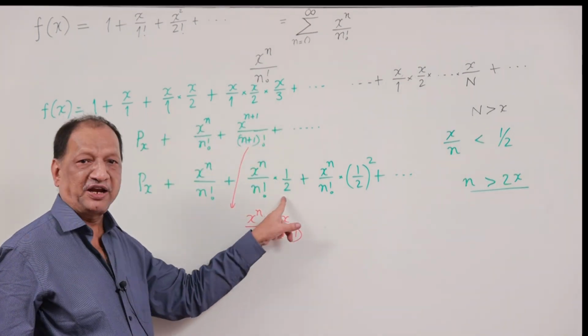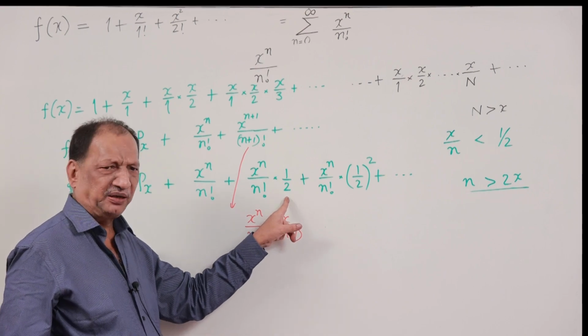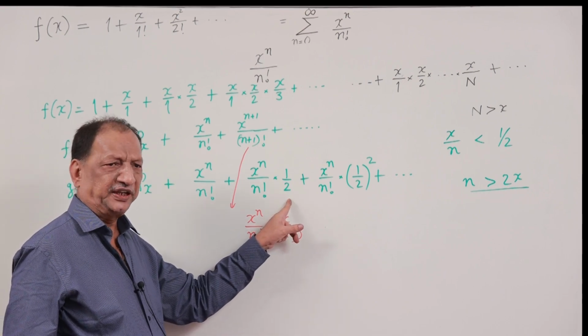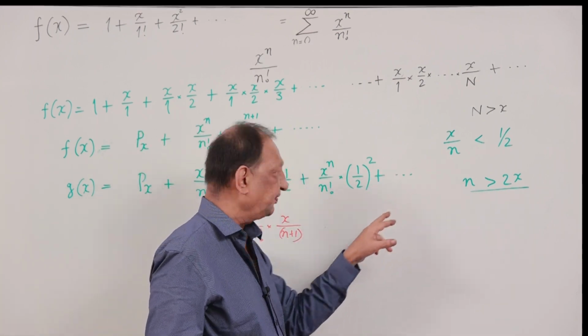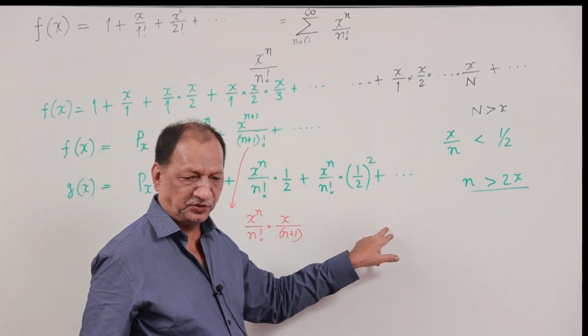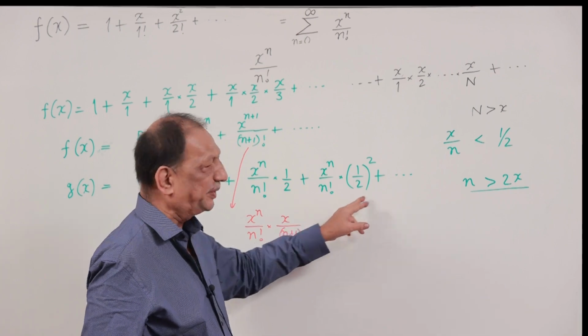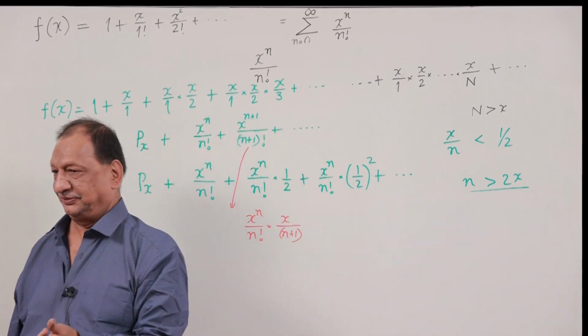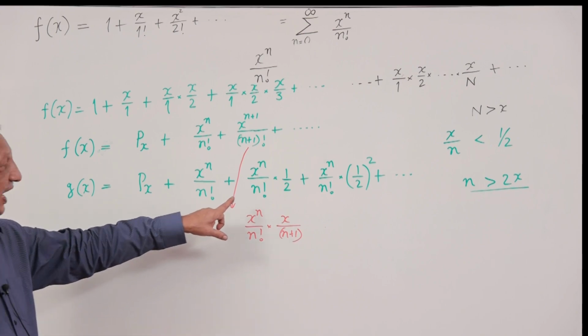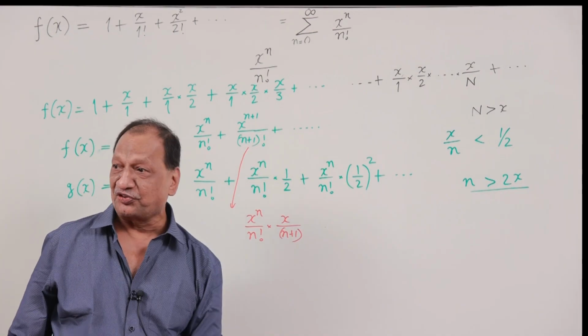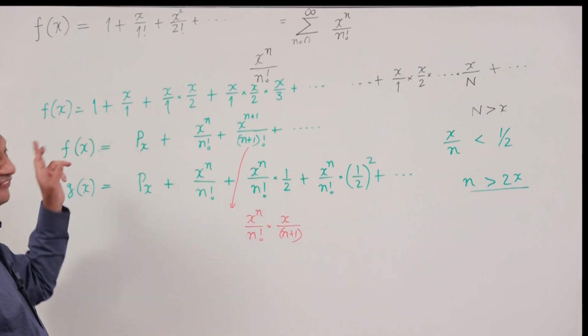Now I am multiplying by half, which is actually a bigger number. Half is bigger than that, x by n plus 1. Next time again when we multiply by half, that half is bigger than x by n plus 2. So every time we are multiplying by a number which is actually bigger. Therefore the terms of this gx, if you see, are actually bigger than the terms of fx.